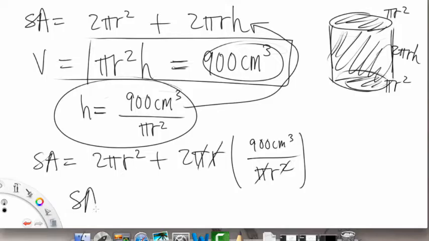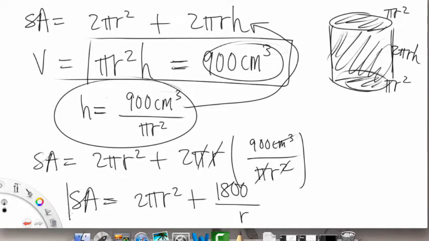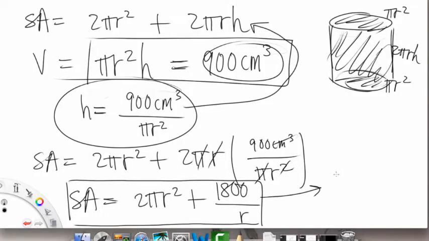What we're left with is the surface area reads 2 pi r squared plus 1800, and then we can just ignore the centimeters cubed for now. We'll ignore the units until later. So now we have this relation where surface area is equal to 2 pi r squared plus this 1800 over r. Okay, so now that we have that equation, we can consider what is the interval for r.